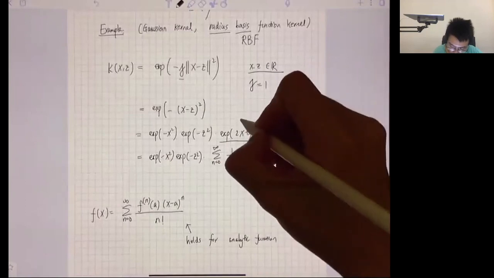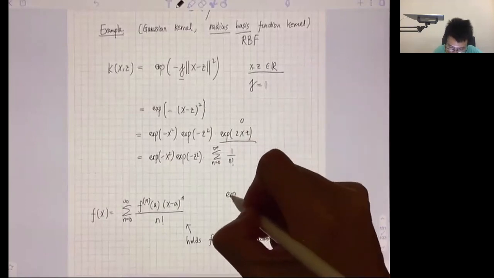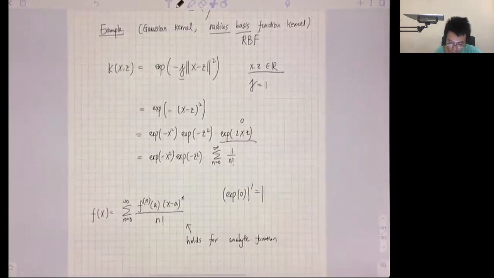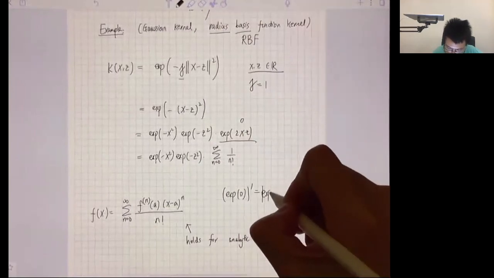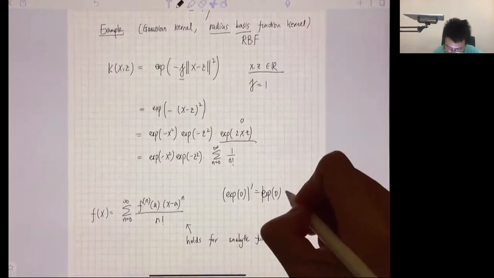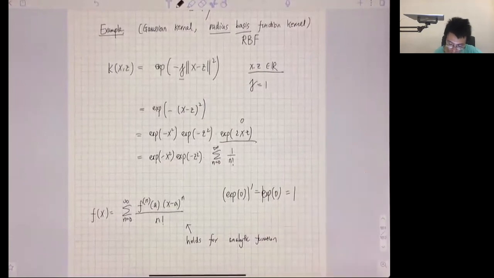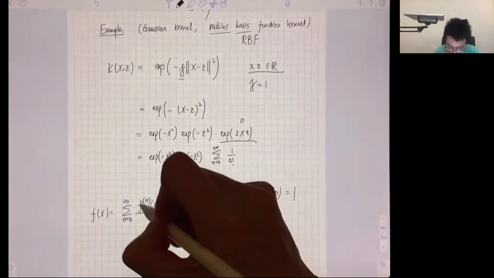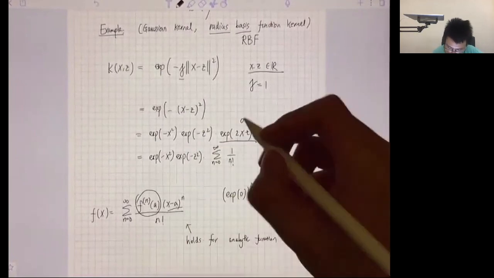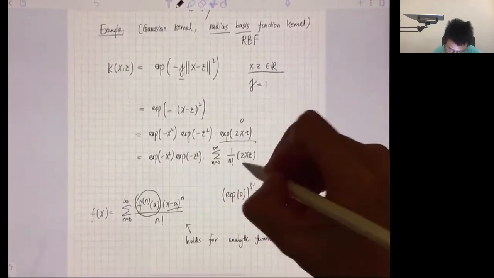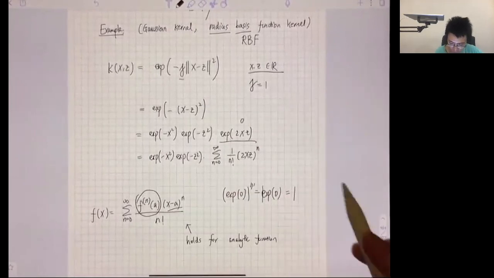The exponential function at 0 has a derivative of itself, exponential of 0, which is 1. And no matter how many derivatives you take, this term is always 1. And this term is (2xz) to the power of n.